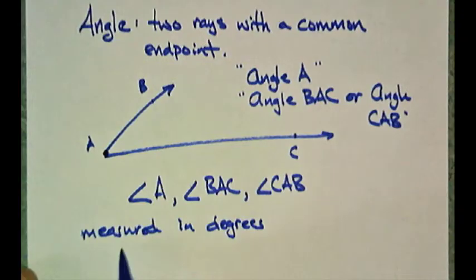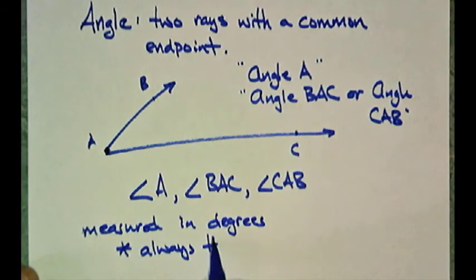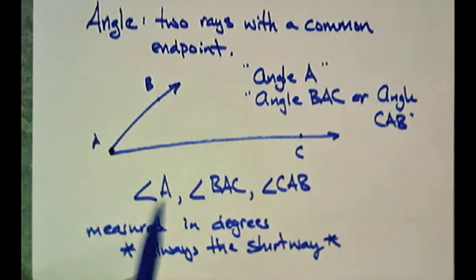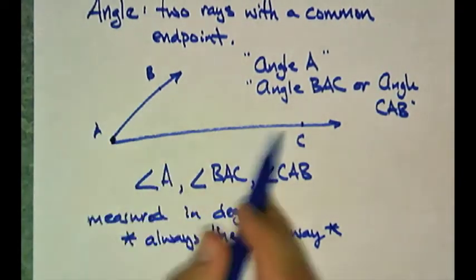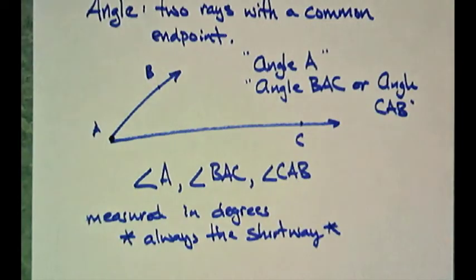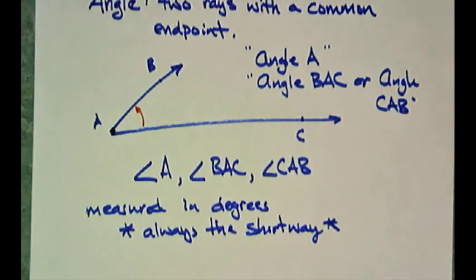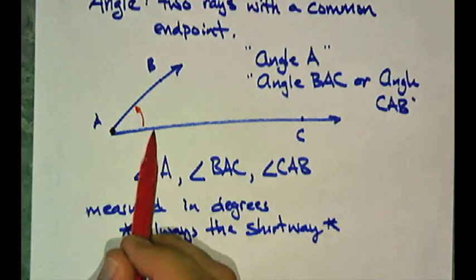And I'll put a note, always the short way. And what I mean by that is if I'm measuring angle BAC, I'm measuring right there. Because we will talk about it, but there are different names for going around the long way.